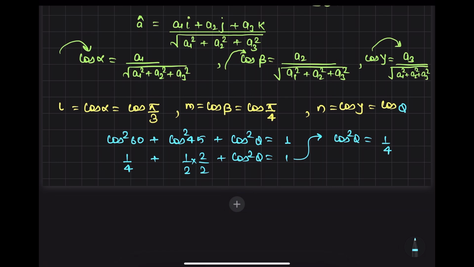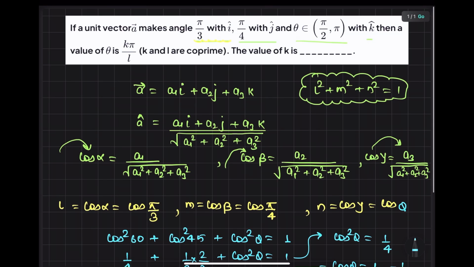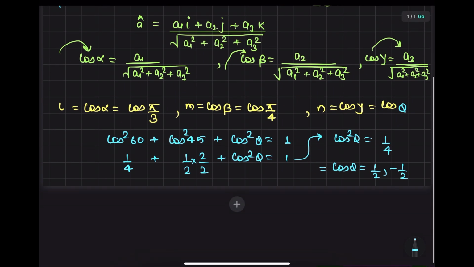Okay. So cos theta will be what? Either 1 by 2 or minus 1 by 2. Okay, we need theta. As you know, they are talking about this angle, after 90. So after 90 we need to go with minus 1 by 2.